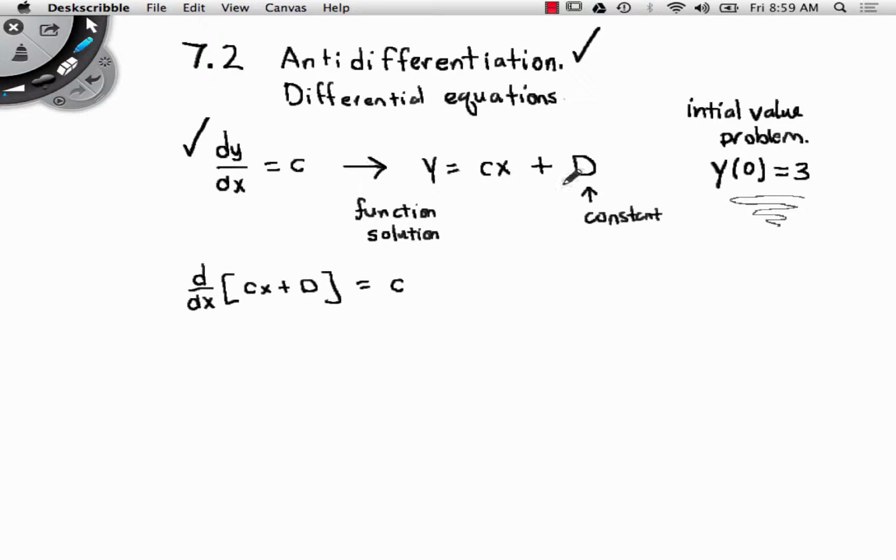Now, let me take this equation right here, and I'm going to say dy dx equals 2. What is the solution to that differential equation? 2x plus, we'll say capital C, because in this case, are we using c? No. But what I'm going to do now, Carrie, is I'm going to bring in the initial value. I know that y of 0 is 3.